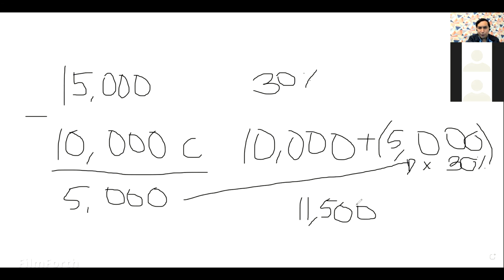So we have 10,000 units that are for sure completed, and then we have 5,000 units that are 30% complete, meaning 5,000 times 30% is 1,500, giving a total of 11,500 equivalent units for the period.